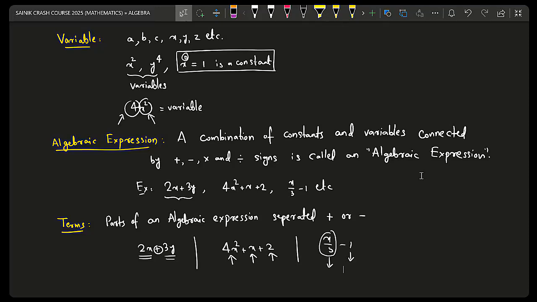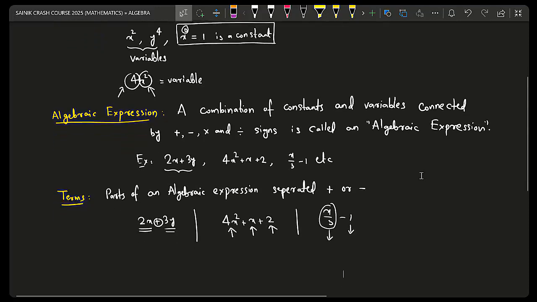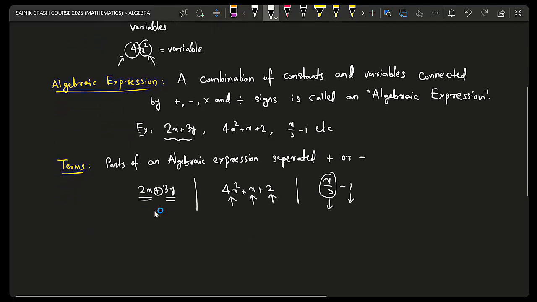Similarly, sir, what do you mean by terms? Terms means whenever plus and minus come in an algebraic expression, they are going to separate the terms. I will write separately here. I took some examples. So this is the algebraic expression like 2x plus 3y. I want the first term and I want the second term.